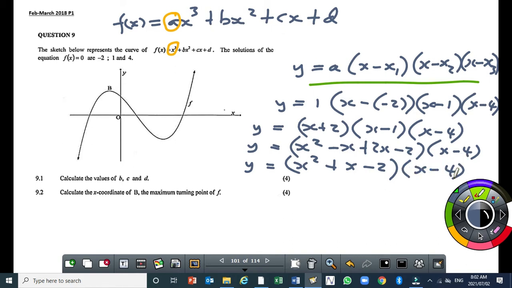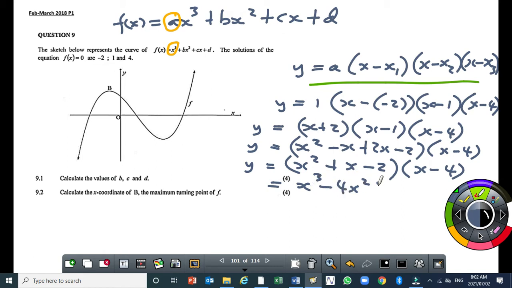Now, if you did the homework, by now you can see what you did wrong and what you did right. That's the advantage of doing the work. If you didn't do it, you are blank. You are seeing this for the first time because you haven't attempted any question. Then x squared times x is x cubed. x squared times minus 4 gives you minus 4x squared.